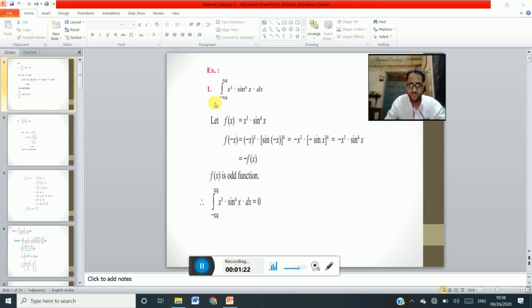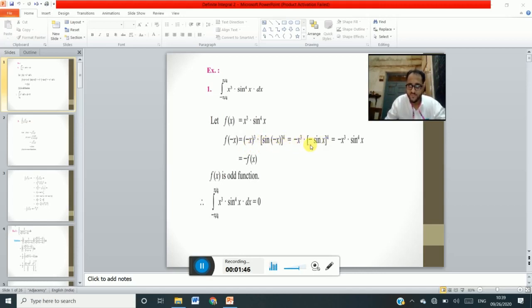So here also the limit is from negative to positive, that means this depends on the even and odd function property, and therefore we first of all check whether the function is even or odd. So here the function is x cube into sine to the power 4x. So we check f of minus x. So f of minus x is minus x cube into sine of minus x to the power 4.